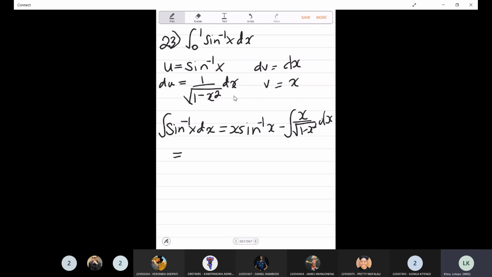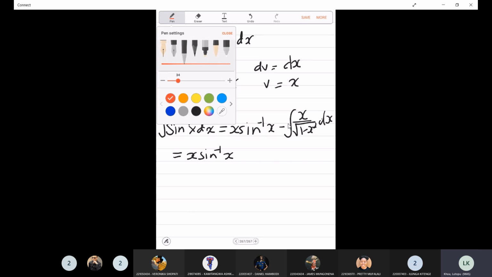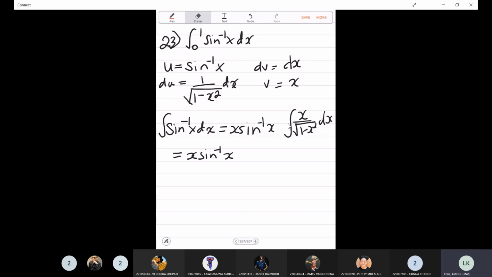Okay, so this gives us x sine inverse of x, and this one over here, to integrate it, we can see that the derivative of the denominator is minus 2x, so this minus can go there, and we need a 2 here and a half outside. So what we need is this.